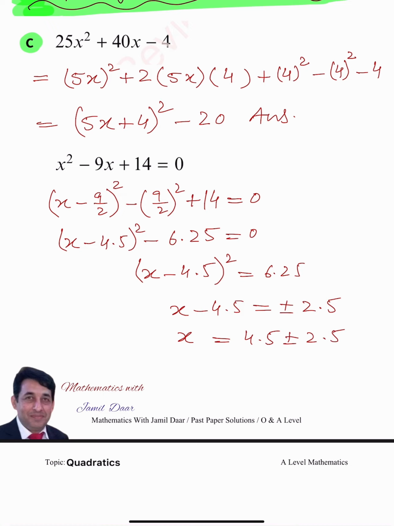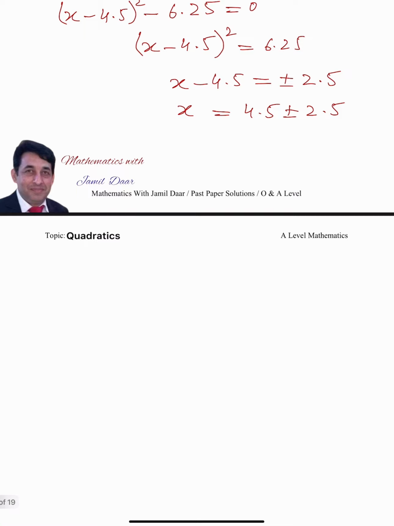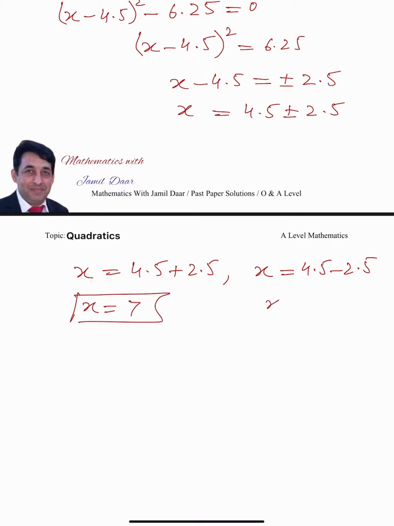Once positive, once negative, and we'll get the two values of x. x is equal to 4.5 plus 2.5, and x is equal to 4.5 minus 2.5. So this will become 7, and the second answer is 2.